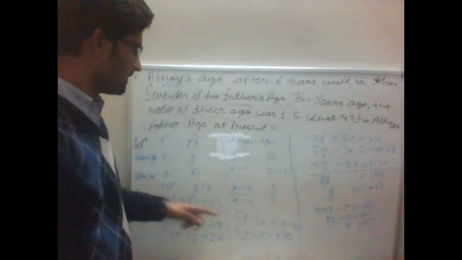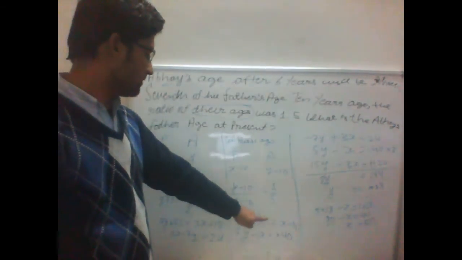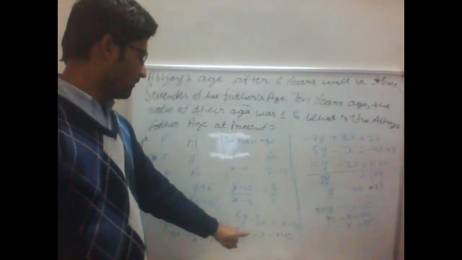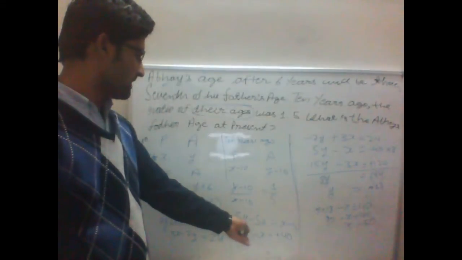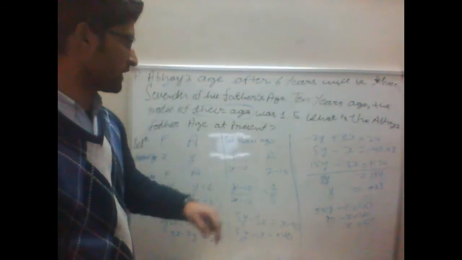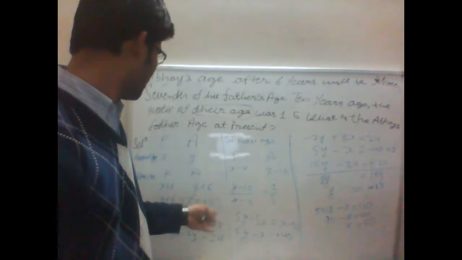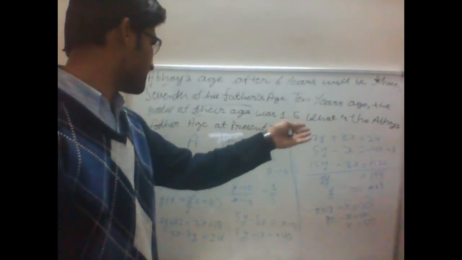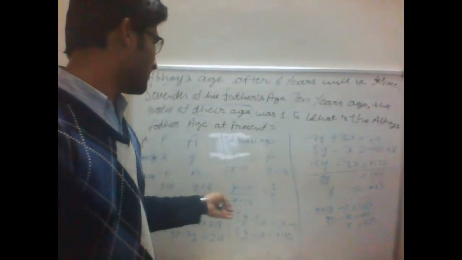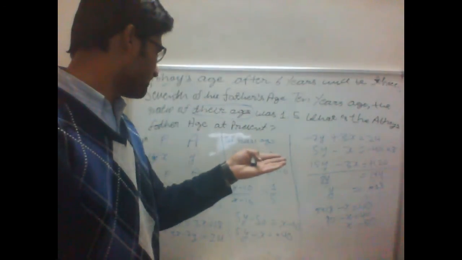Now when we are solving it, 5 times (y minus 10), that is 5y minus 50, is equal to x minus 10. So 5y minus x is equal to minus 10 plus 50, that is plus 40. Now solve these equations. One is 3x minus 7y is equal to 24, and another one is 5y minus x is equal to 40.